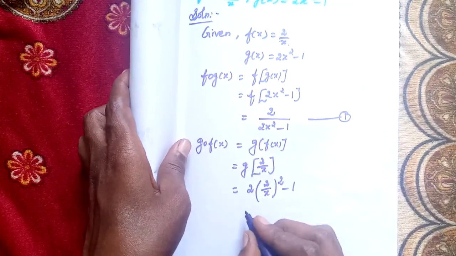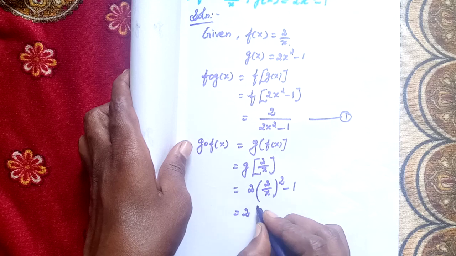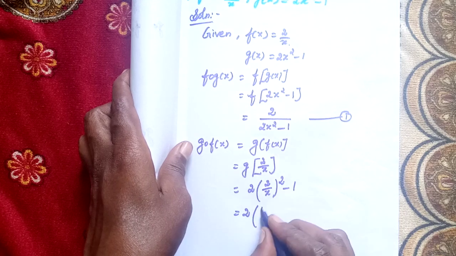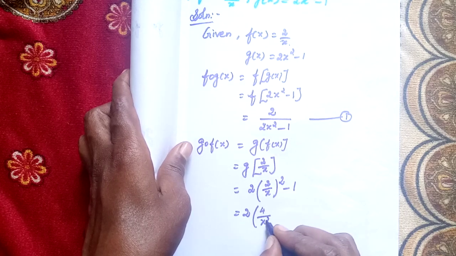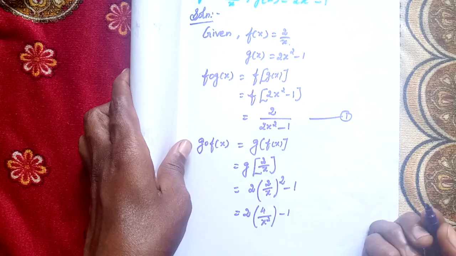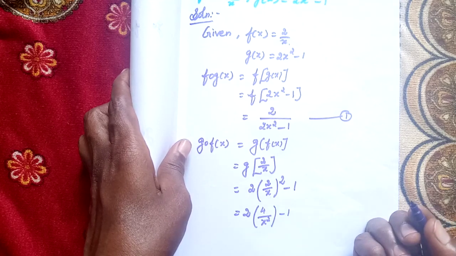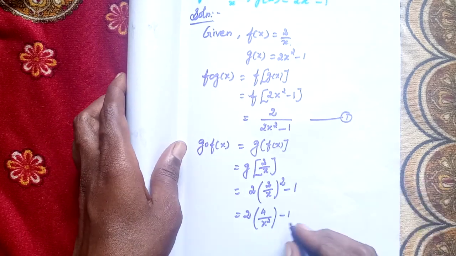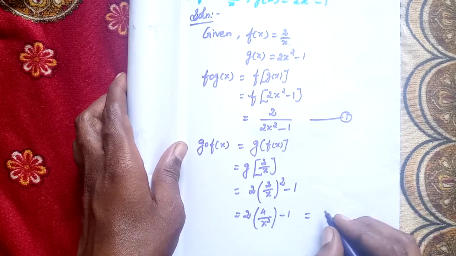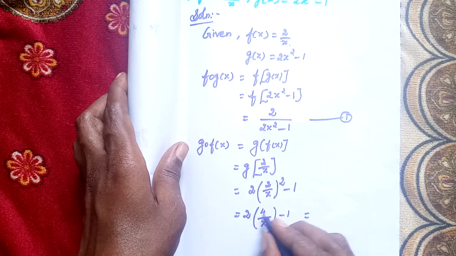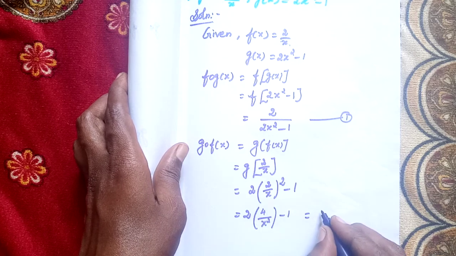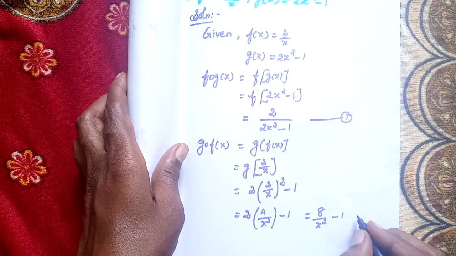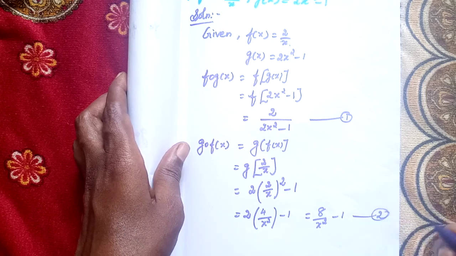Now it's equal to 2 into 4 by x square minus 1, which is equal to 2 into 4, 8, 8 by x square minus 1. Okay, this is equation 2.